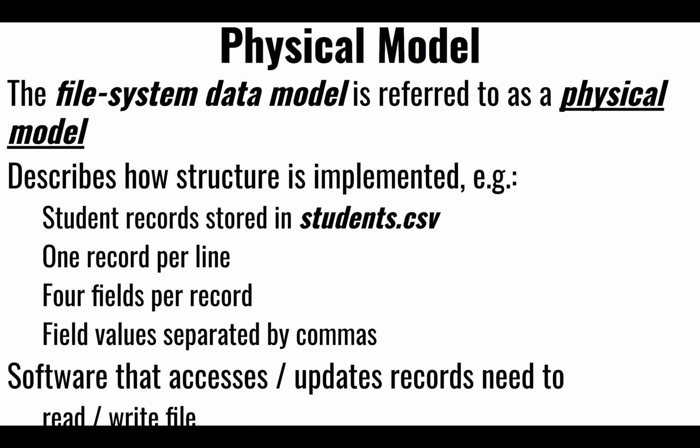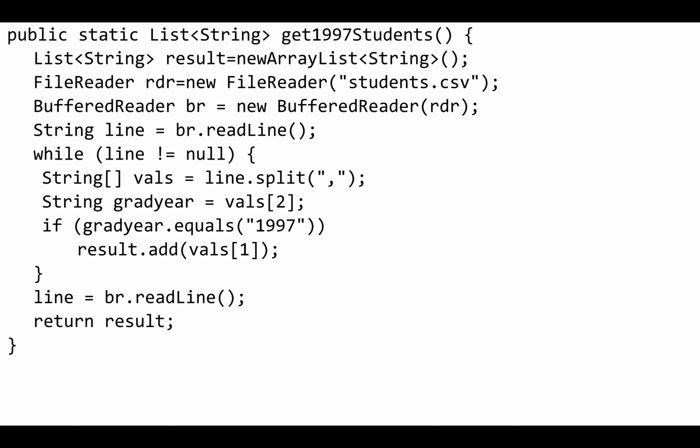If they choose a CSV file, one record per line, maybe that's the choice. And obviously there'll be all the IO involved with dealing with the physical representation.